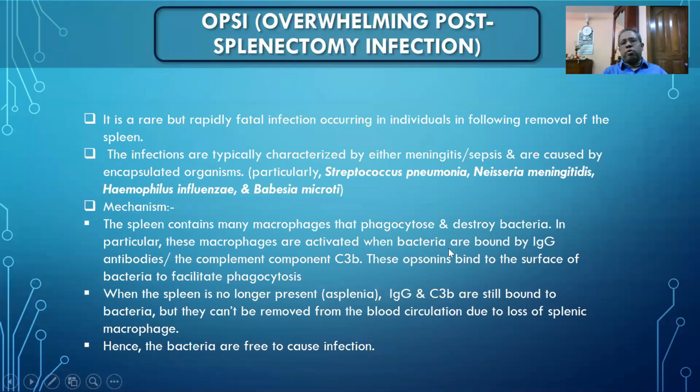That phagocytosis is not possible there because there is no spleen. When the spleen is no longer present, that is asplenia, immunoglobulin G and complement C3b are still bound to the bacteria, but they cannot be removed from the blood circulation due to the loss of splenic macrophages. And hence, the bacteria are free to cause infection.